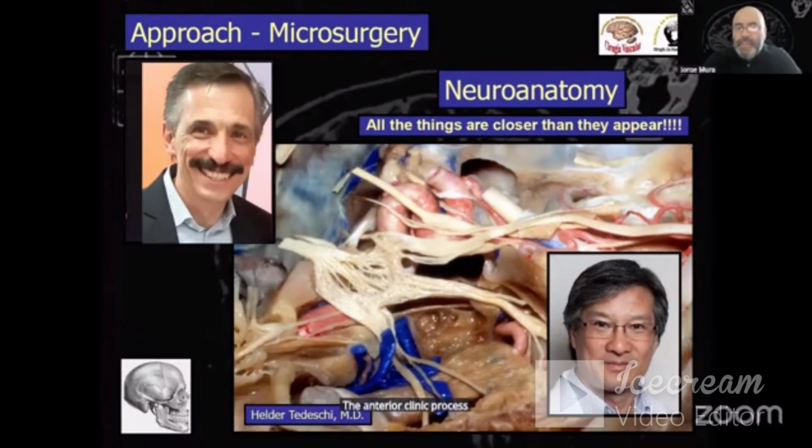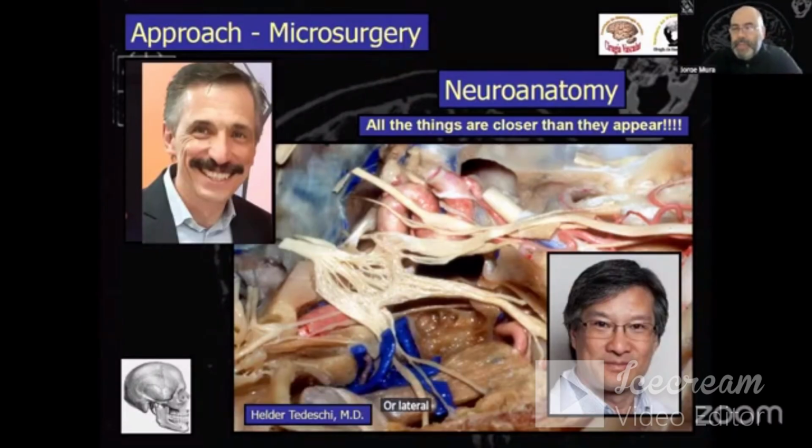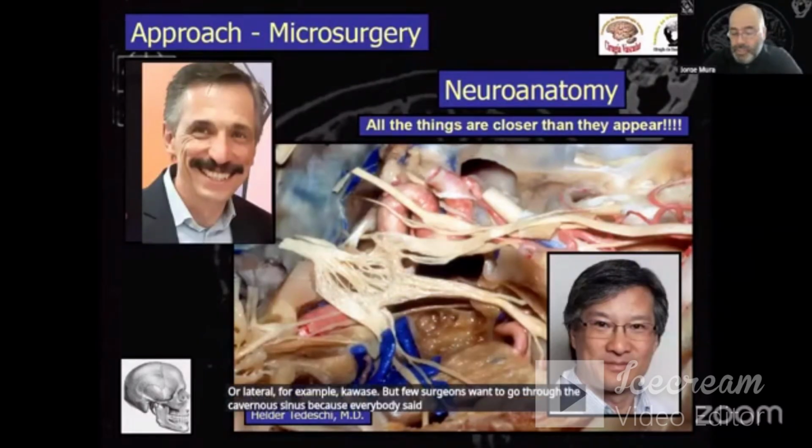It's very interesting because I see that most neurosurgeons try to go from the middle, anterior and posterior clinoid, for example Hakuba, Dolenc, or lateral, for example Kawase. But few surgeons want to go through the cavernous sinus because everybody told us that this was dangerous.